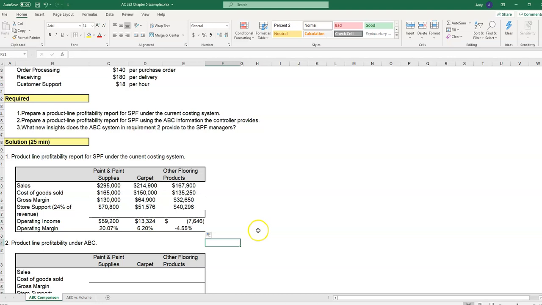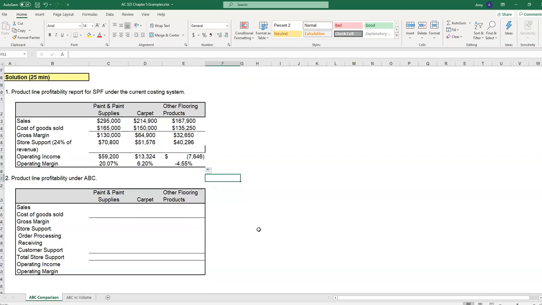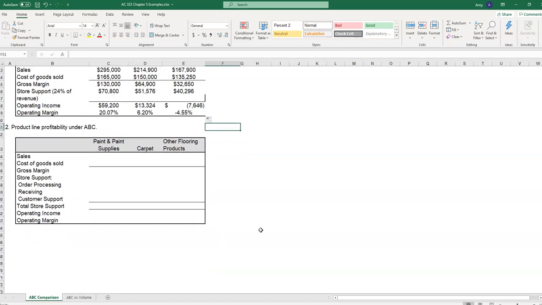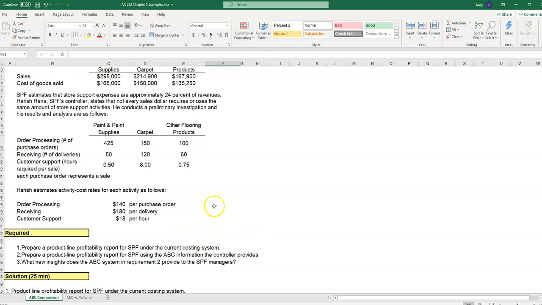Our controller has suggested that we adopt this other method of allocating those store support costs using activity-based costing. So the first thing that we're going to do is we're going to calculate what are our total costs for order processing, receiving, customer support.